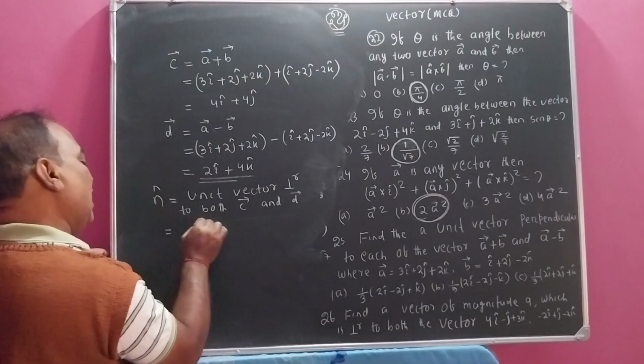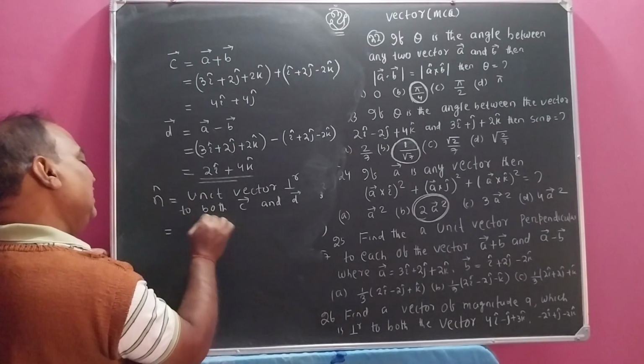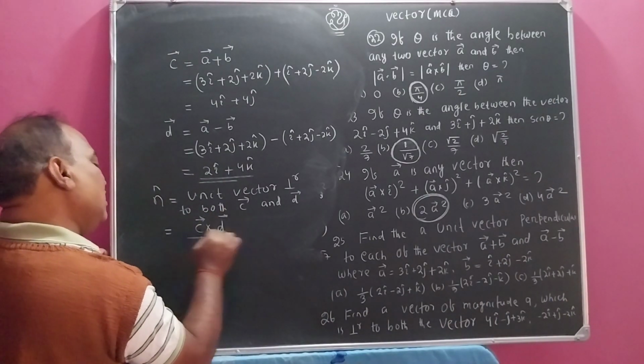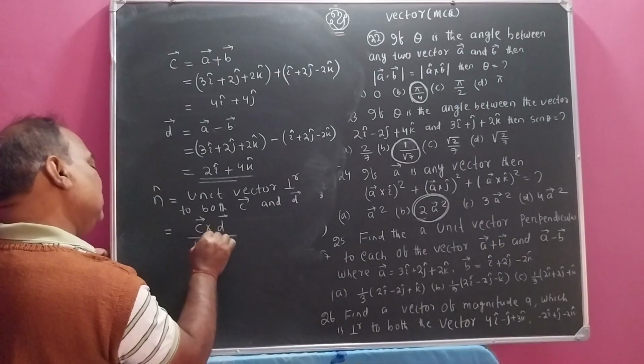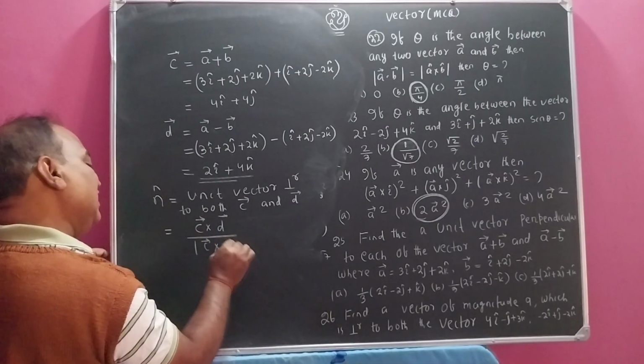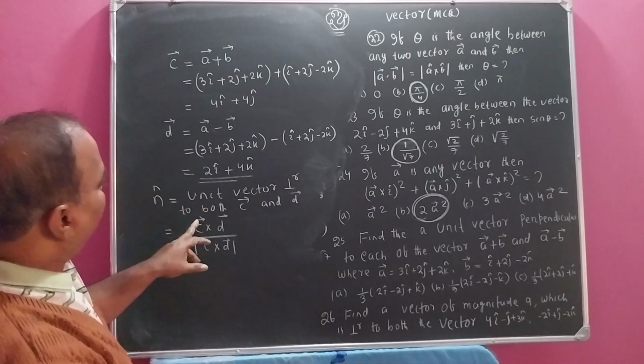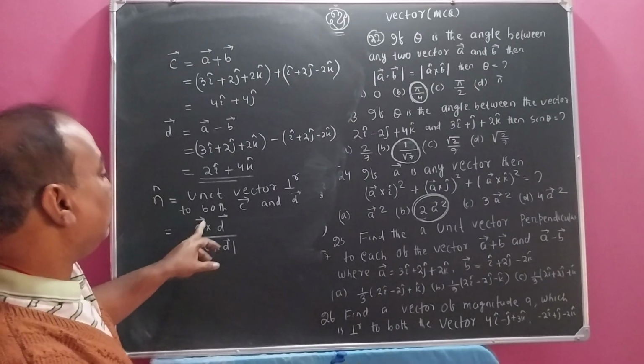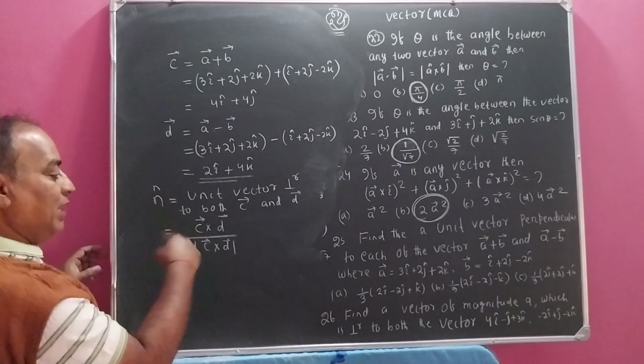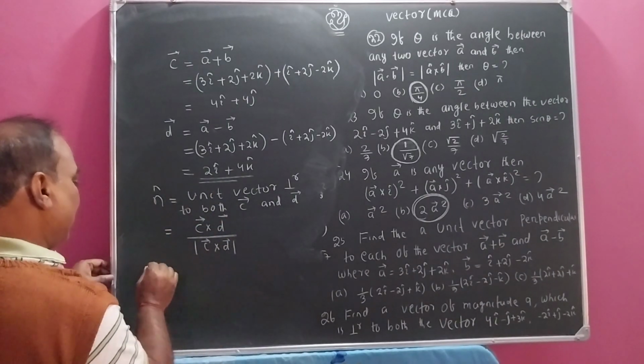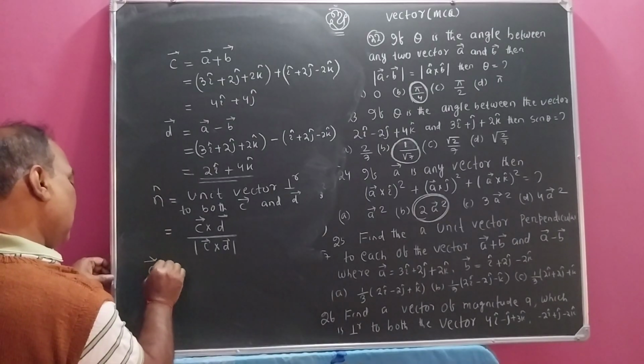That is the formula: c vector cross d vector divided by magnitude of c into magnitude of d. First of all, we have to find c vector cross d vector, then we have to find its magnitude. Write out c vector cross d vector.